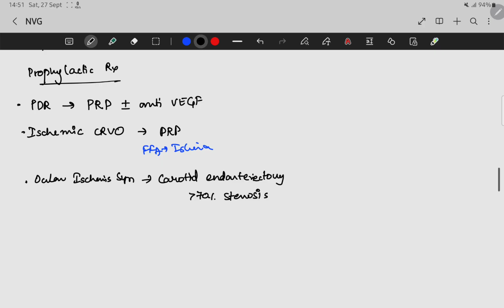In some cases there can be improvement with superficial temporal artery to middle cerebral artery bypass surgery.